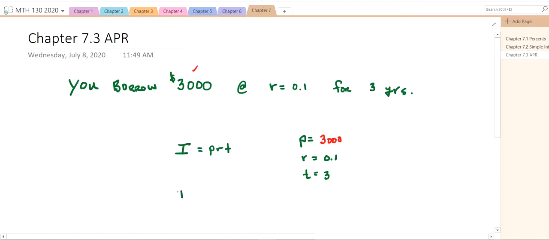So at the end of 3 years, we owe $3,000 plus this interest that I'm going to calculate, which is our principal, 3,000 times 0.1 for R times 3 for T. So it's pretty simple. $900.